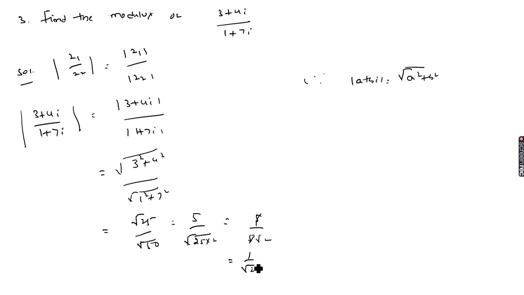So we have found the modulus of (3 plus 4i) by (1 plus 7i). The form is mod of z1 by z2, that is nothing but mod z1 by mod z2, and mod of a plus bi is the root of a square plus b square, and we simplify. Finally we get 1 by root 2.